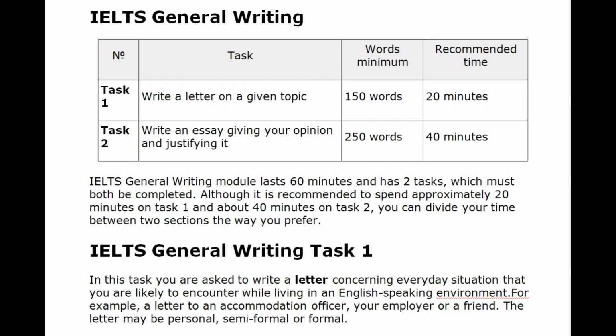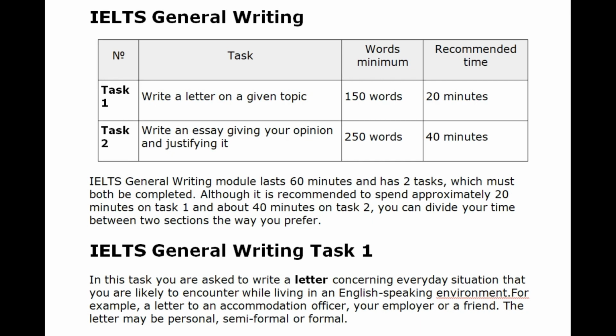IELTS general writing task 1. In this task, you are asked to write a letter considering everyday situations that you are likely to encounter while living in an English-speaking environment. For example, a letter to an accommodation officer, your employer, or a friend.